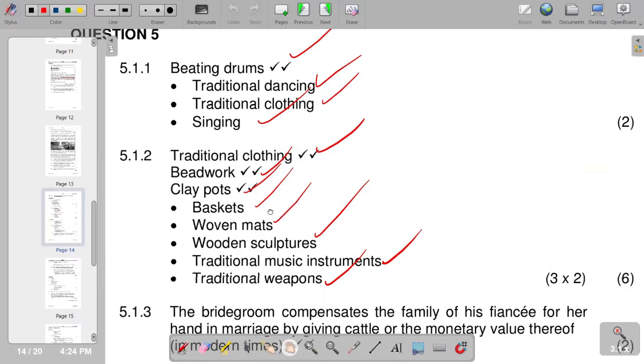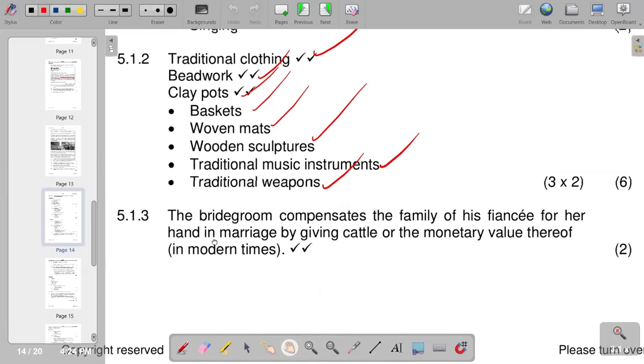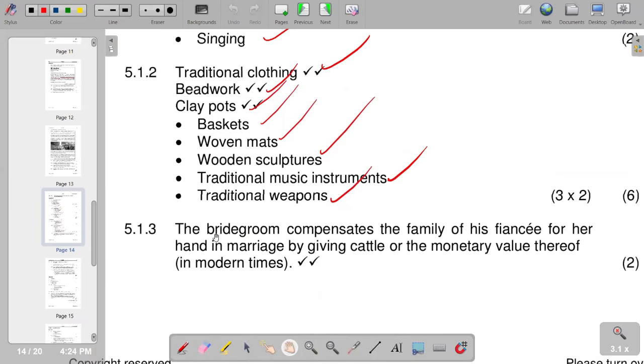Our response to that, the Xhosa custom of Lobola, is explained here in 5.1.3. The bridegroom compensates the family of his fiancée for their help in marriage by giving cattle or the monetary value thereof. So that is the explanation of the Xhosa custom of Lobola.